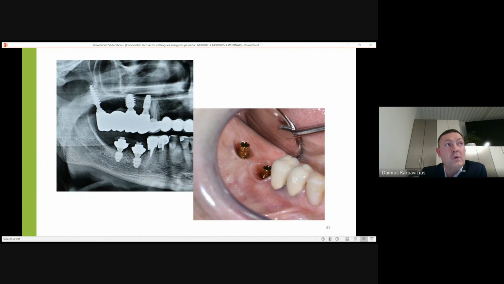Sometimes after 10 years, implants are in quite good condition, but the tissues are at a very flat level with the implant, and you cannot do something more aesthetic, more natural, while redoing new prosthetics, and you are like in a trap. So submerging gives you additional possibilities and solutions for the future.